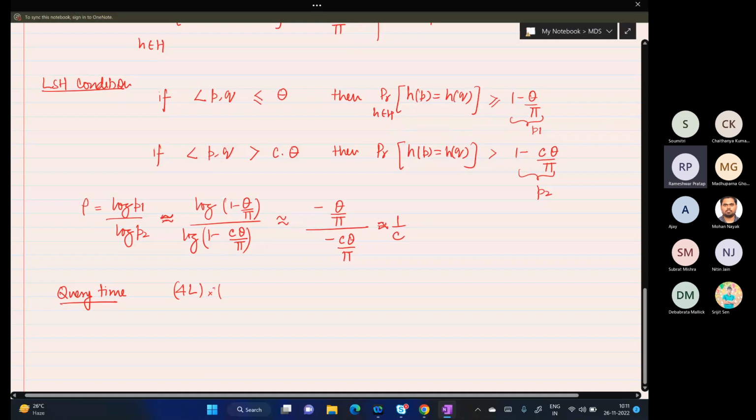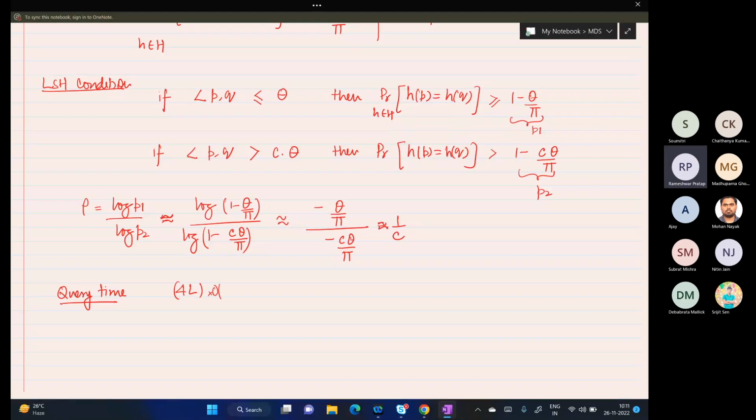Computing distance between two D-dimensional vectors is of complexity order D. So it will be roughly order DL, and L is n raised to power rho, which is order D n raised to power rho, and rho is 1 by C. So essentially it is order D n raised to power 1 by C. We'll see what the interpretation of this is.